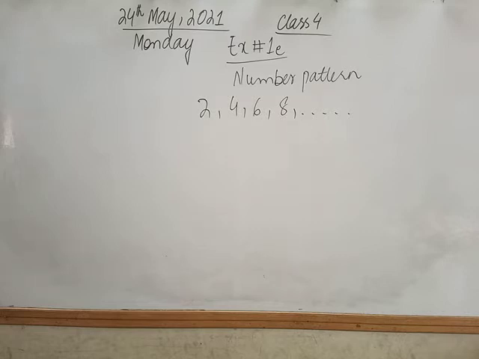Very good. The first number is 2, then 4, then 6 and then 8. If you look, we have a gap of 2 between 2 and 4, between 4 and 6 also, and again between 6 and 8. Fine? So it means increasing order, and for increasing we use ascending order. Isn't it, class?